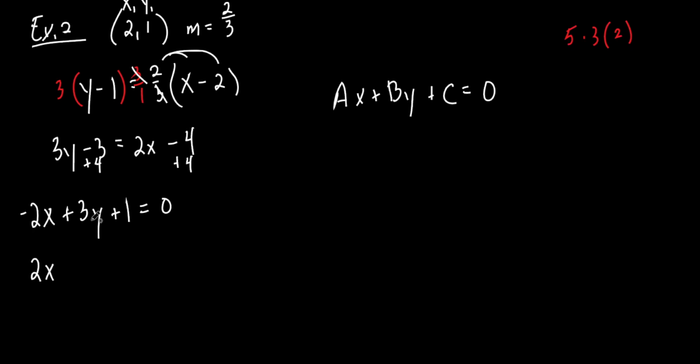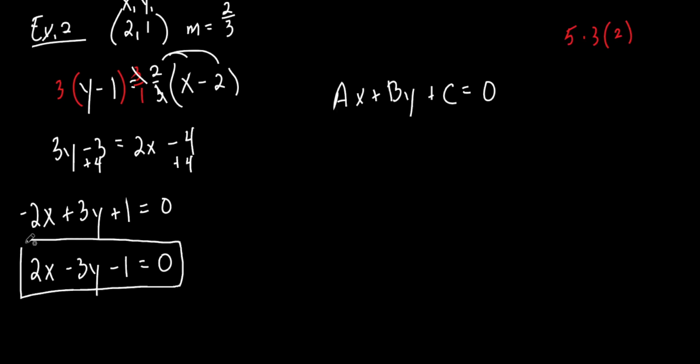What's it going to do to this? Make that negative. And what's it going to do to this? Make that negative. I do it to the other side, but multiplying 0 by a negative is just 0 anyway. Now, does that look like this? Absolutely. And that's what they want. That is in standard form.